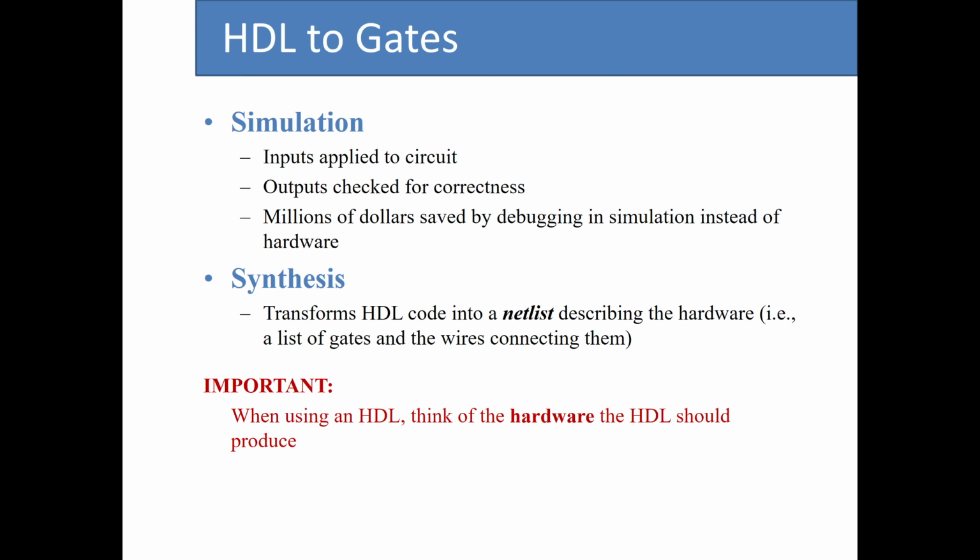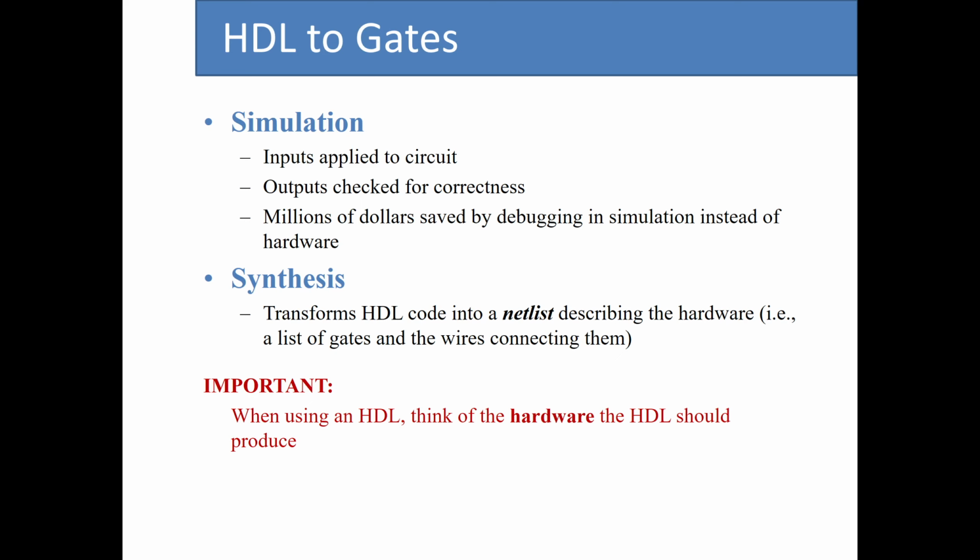And then finally, for the synthesis step, we can transform the HDL code into a netlist that describes the hardware, and there are specialized CAD tools that are used for building those circuits. Again, we are not going to go over them.